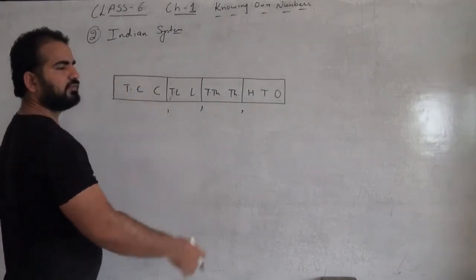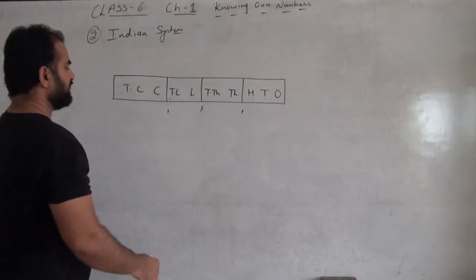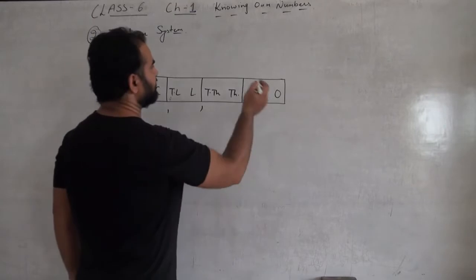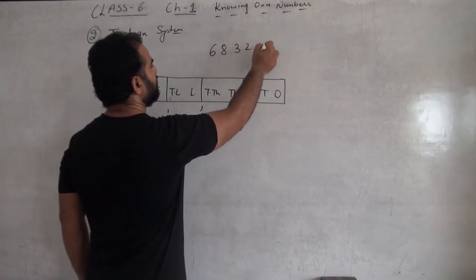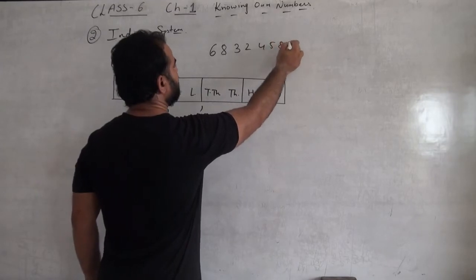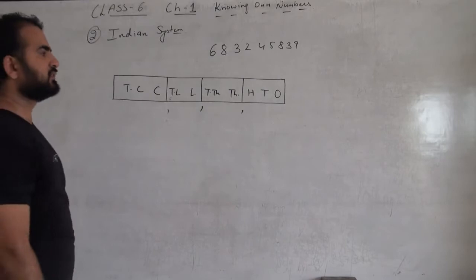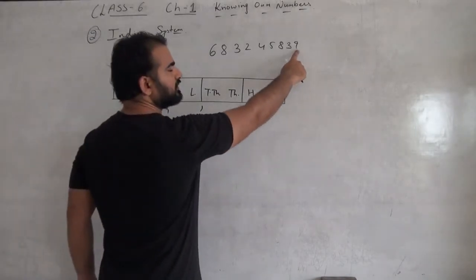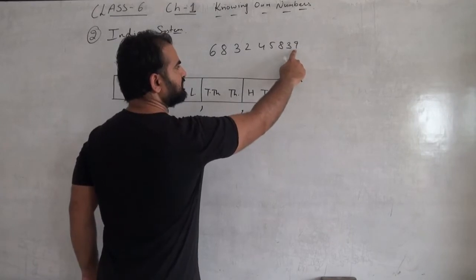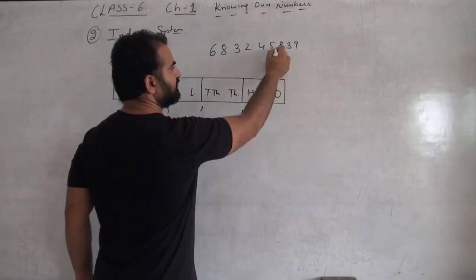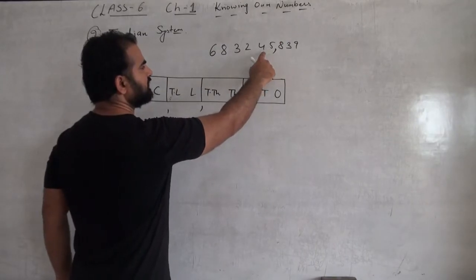So how can we write a number using the Indian system of numeration? The number which is given is 6, 8, 3, 2, 4, 5, 8, 3, 9. We have to place the commas from which side? Right hand side. So ones, tens, hundred. Then we use a comma. Next is thousand, 10,000.